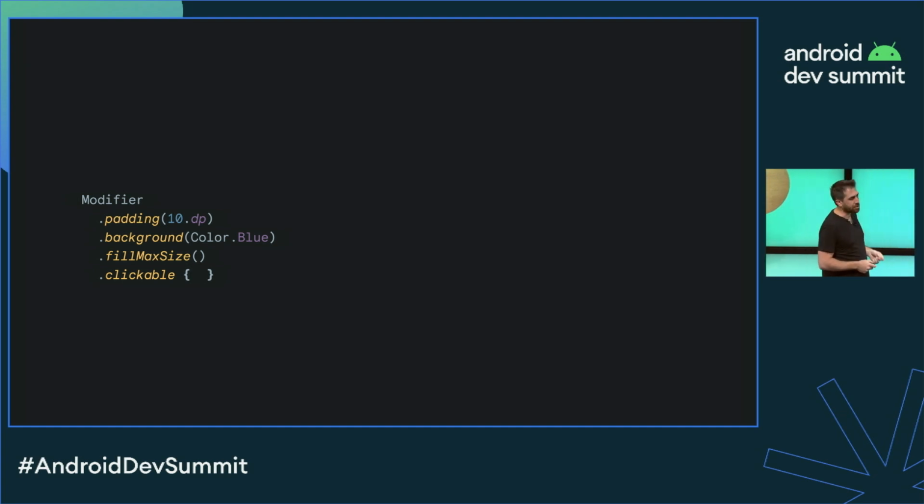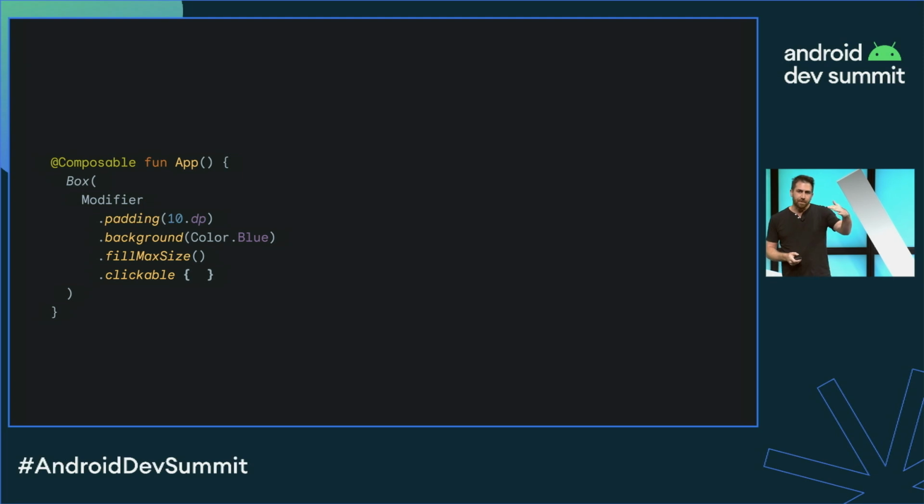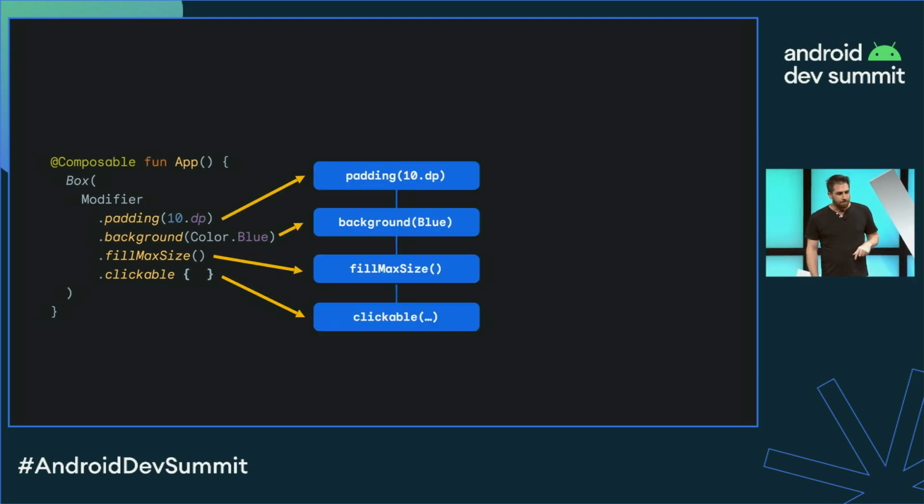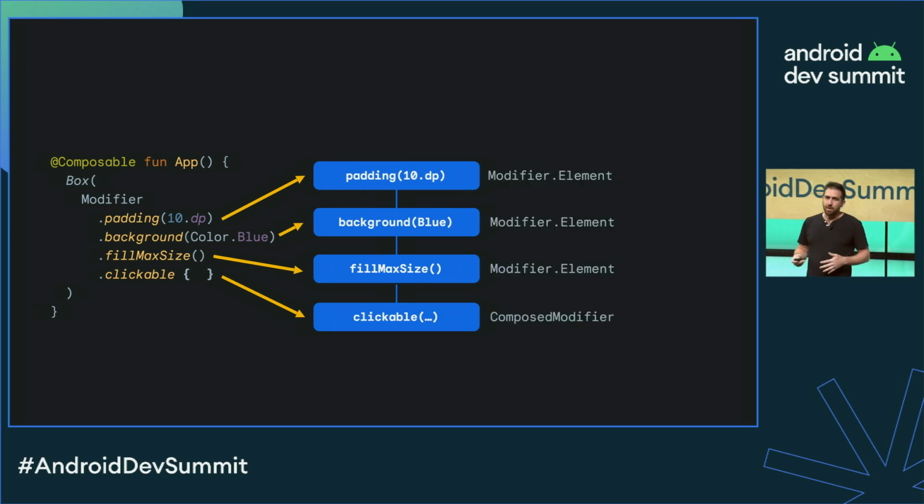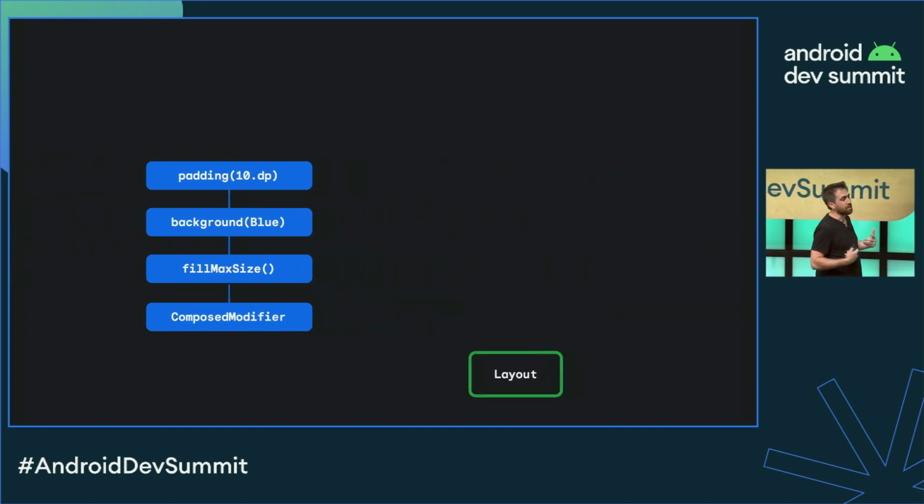So we can take a simple example of this chain of 4 modifiers. This modifier chain is going to get initially created during composition. While initially this modifier has 4 modifier elements, one, as we saw earlier, is a composed modifier. This modifier will then get passed around, and eventually it's going to end up getting applied to a layout node.